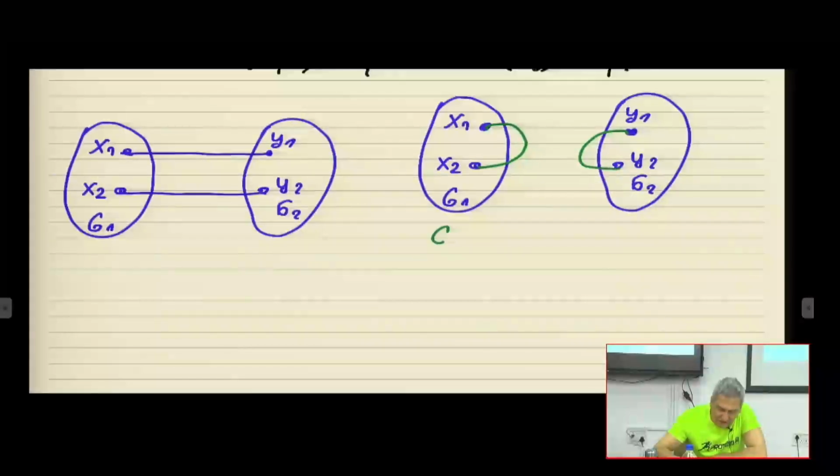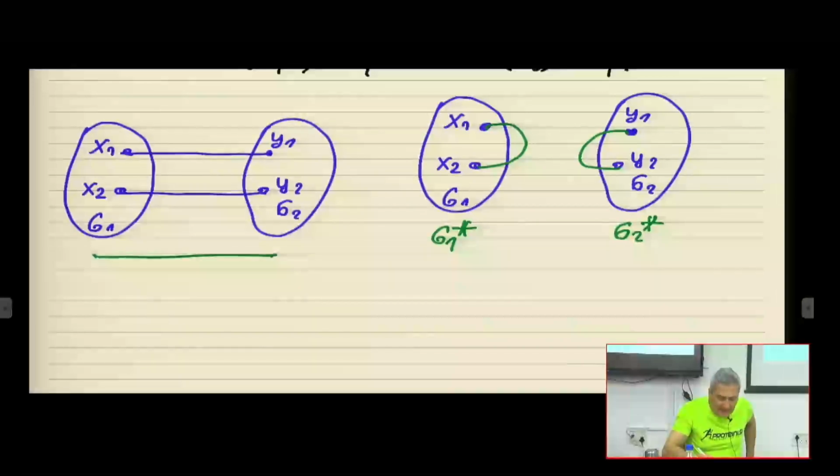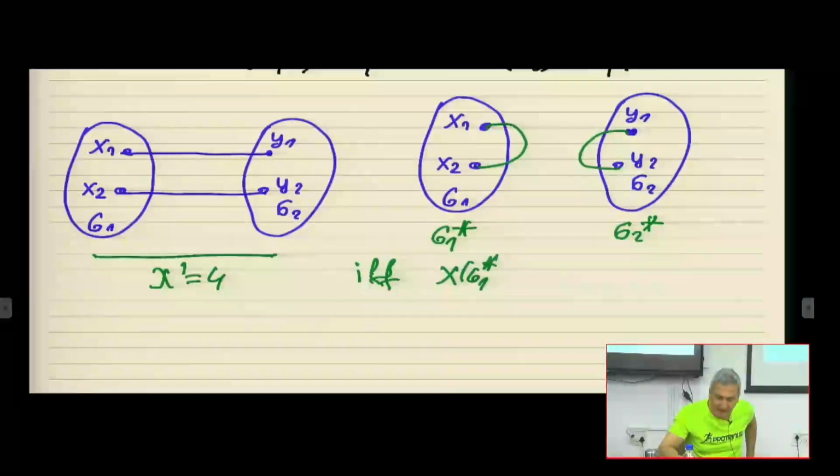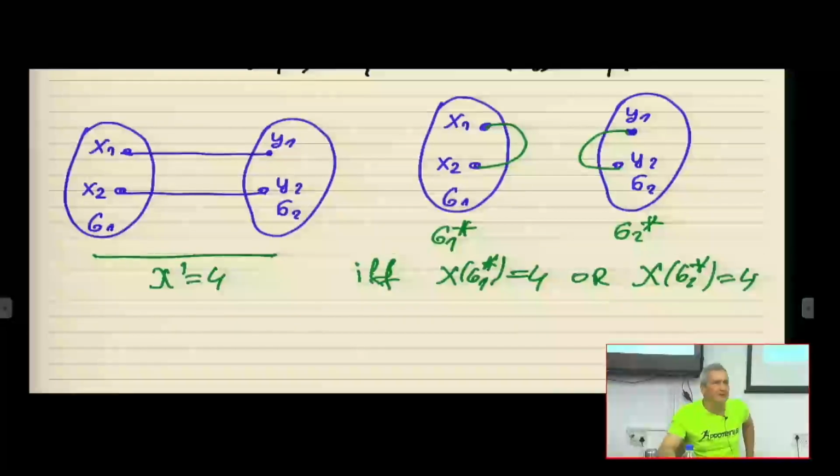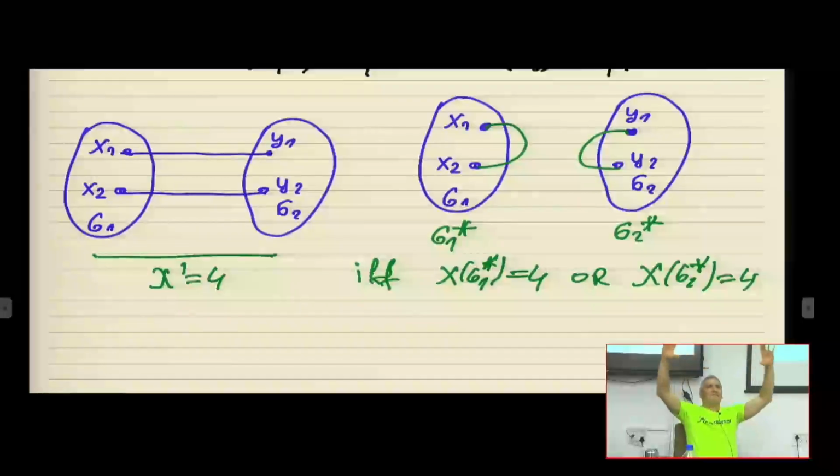And now this is G1 star, G2 star. Now the proposition claims this has chromatic number 4 if and only if this one has chromatic number 4 or this one has chromatic number 4. Okay? So look, I have a 2 edge cut.